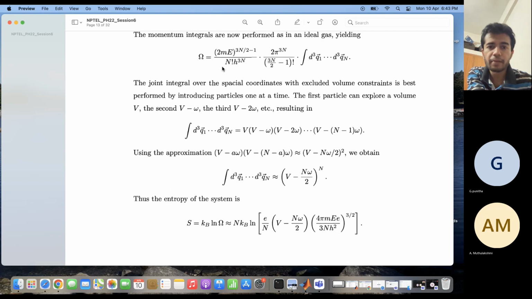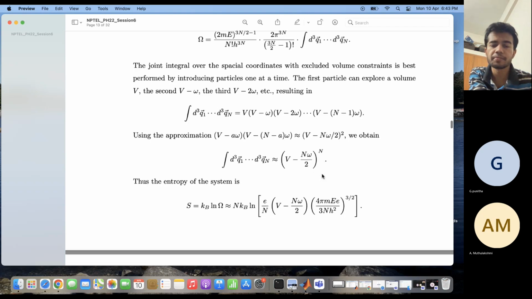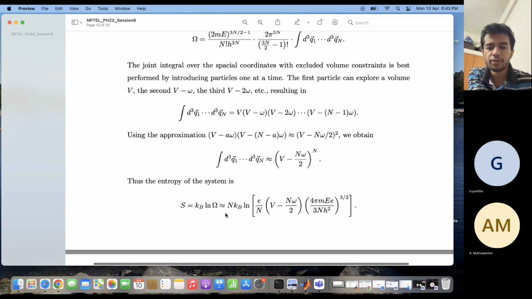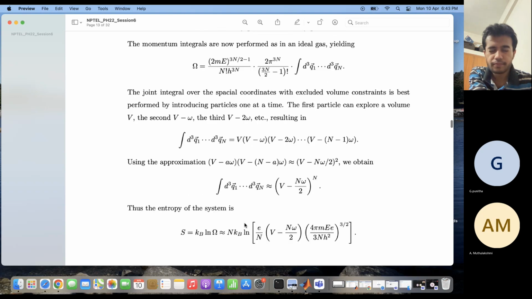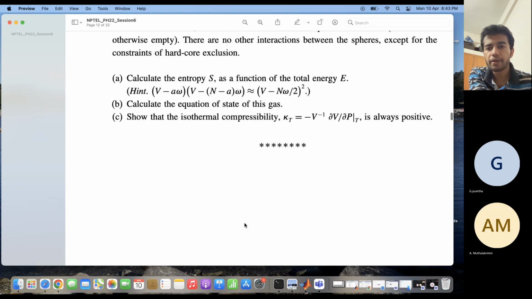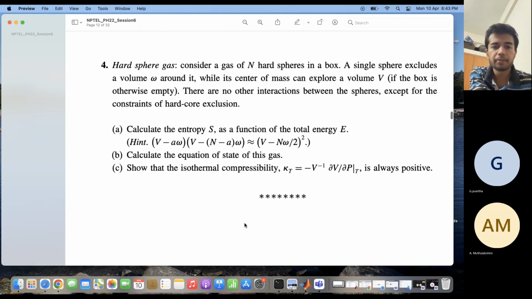Therefore, the total number of microstates is this quantity multiplied by (V minus N omega by 2) to the power N, and the entropy of the system is k_B log of omega, which is equal to this. This is how I calculate the available phase space volume for a hard sphere gas, which contains N hard spheres in a box.